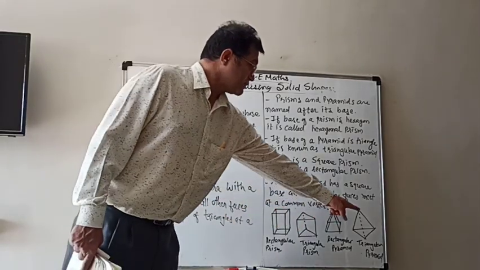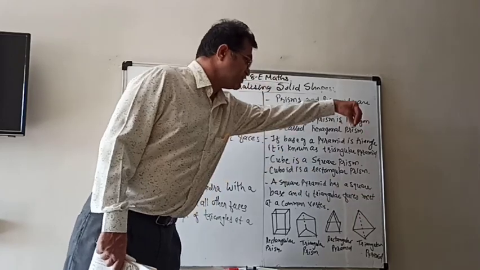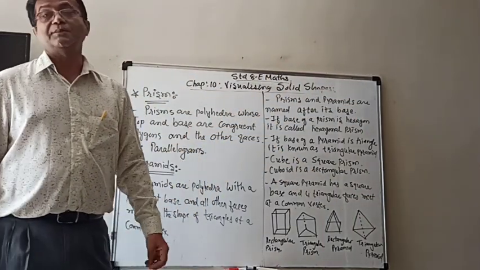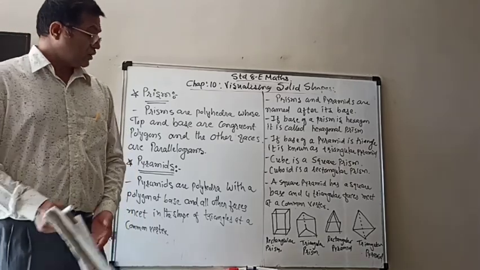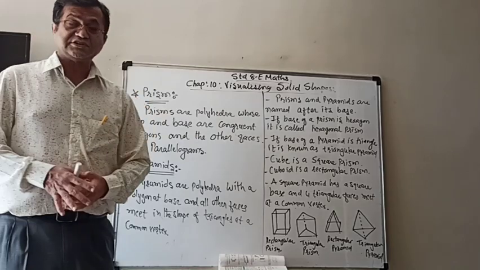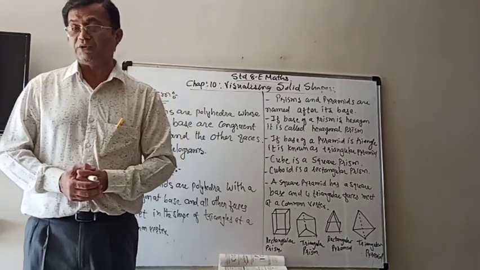And here the base is a triangle and the other surfaces meet at a point, so it is known as a triangular pyramid. We learned about this today, and in the next session we will learn about Euler's formula.